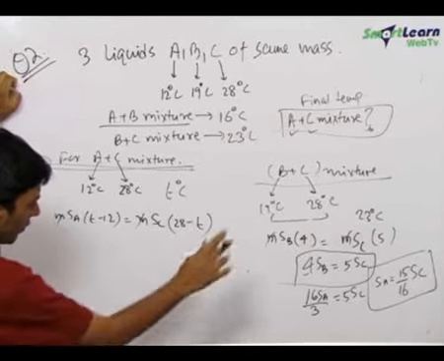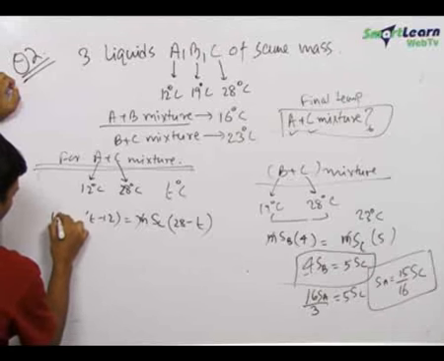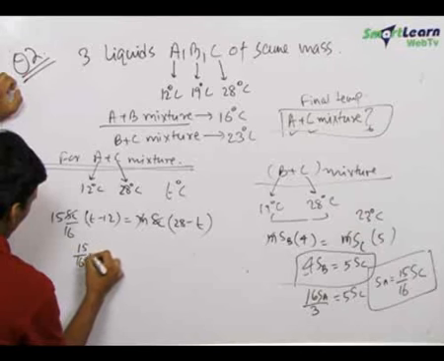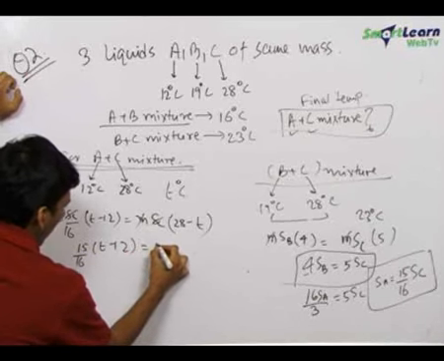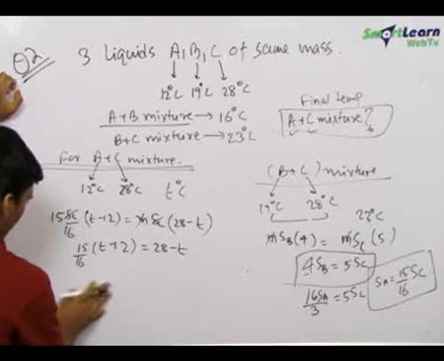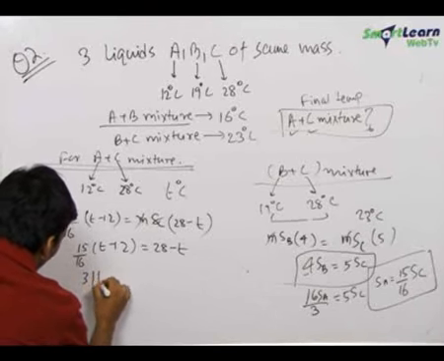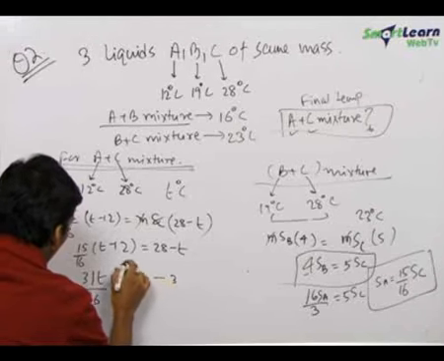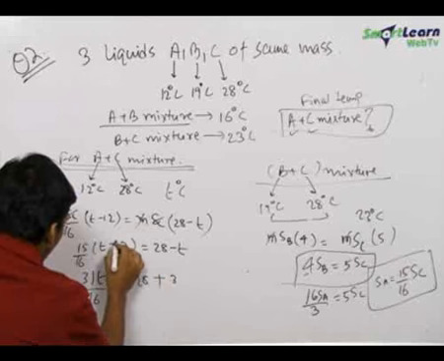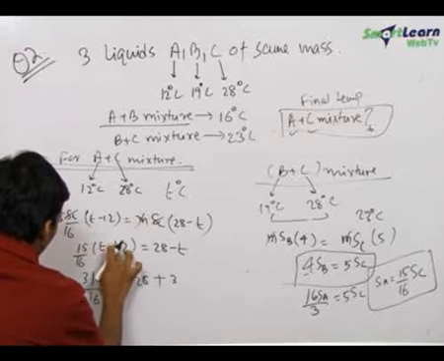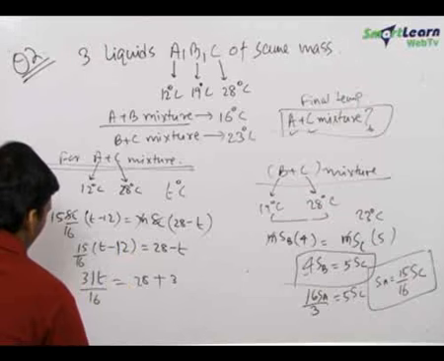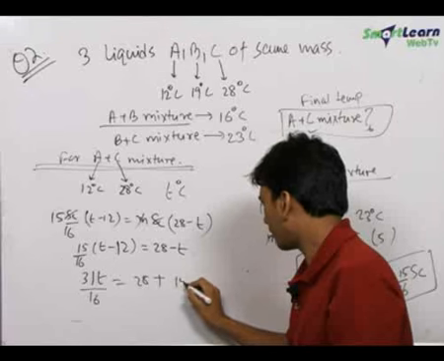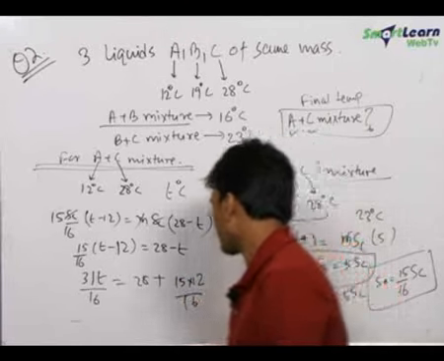Now SA is equal to 15 SC by 16, we write it here, 15 times SC upon 16. SC cancels to give us 15 upon 16 into T minus 12 is equal to 28 minus T. Therefore, from here we get 31 T upon 16 is equal to 28 plus 15 into 12 upon 16.